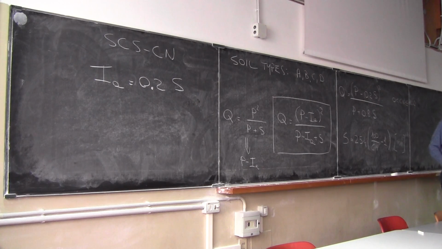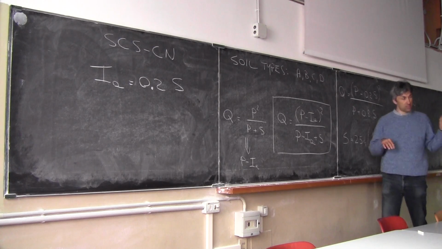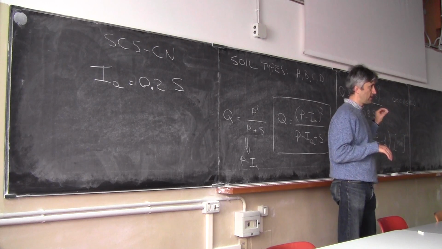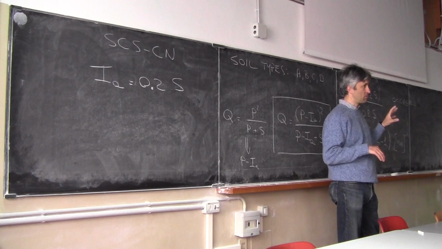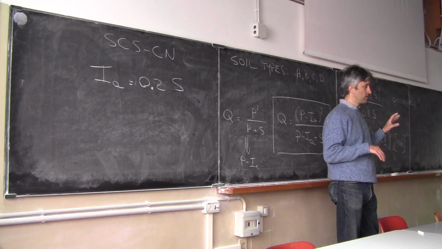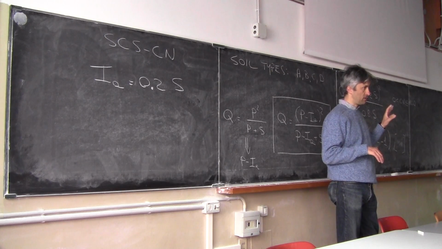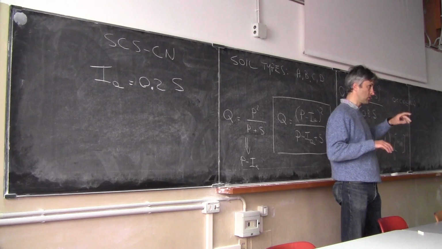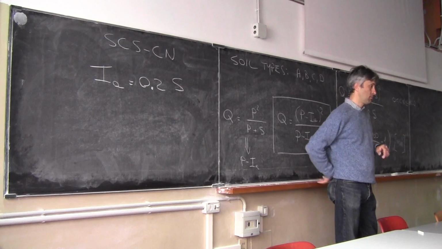Okay, so it's an evaluation that is not easy, but there is to say that even for Italy, several studies have been performed to estimate the CN number for significant catchments. For instance, for the Po River, there are estimates of the CN coefficient for significant subbasins and also for the whole Po River basin.